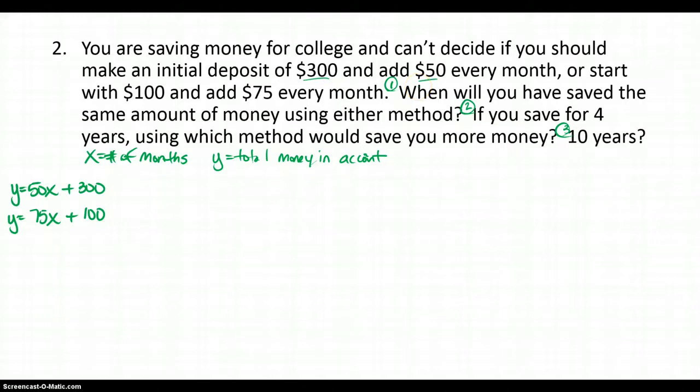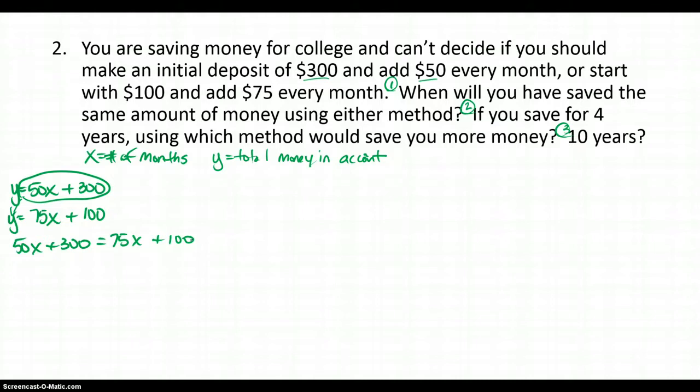Okay, so question number 1 deals with when is the amount of money the same in both accounts. So what I'm going to do is I'm going to use the substitution method, and I'm going to set these two equations equal to each other. So I'm going to take this 50x plus 300, put it in for y. When I do that, I get 50x plus 300 equals 75x plus 100.